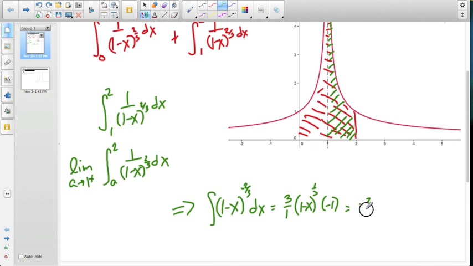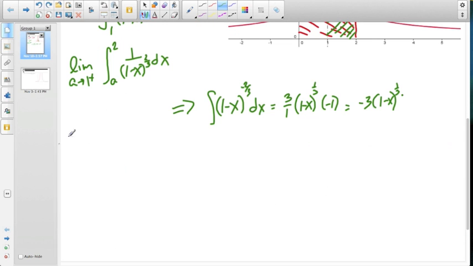So we have negative 3 times 1 minus x to the 1/3 power as the value of this integral. So really we're taking the limit as A approaches 1 from the right-hand side of negative 3 times 1 minus x to the 1/3, evaluated from A to 2.